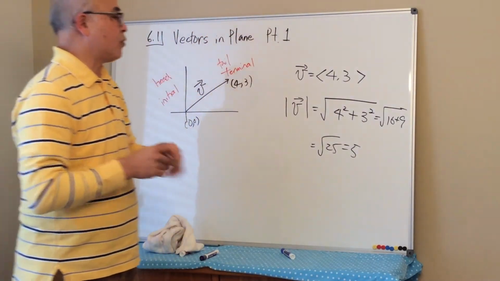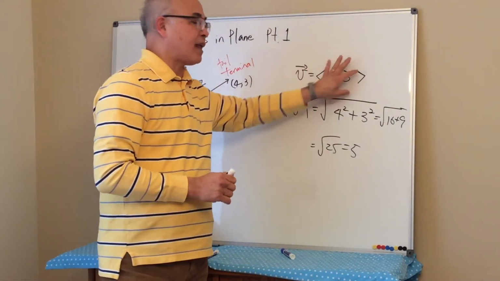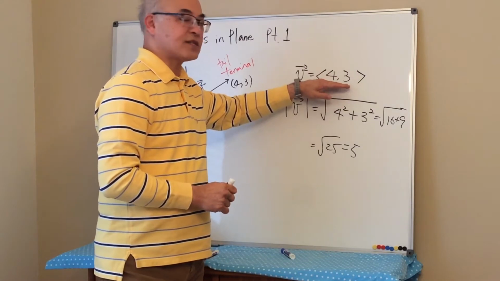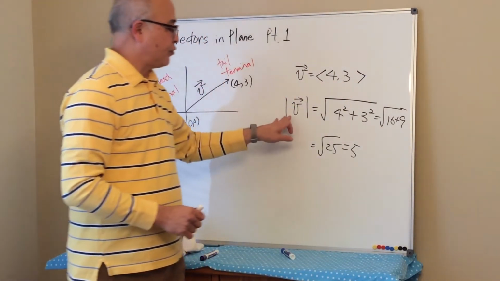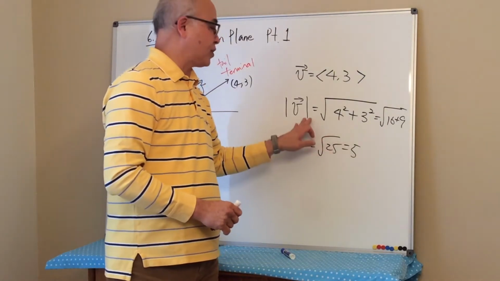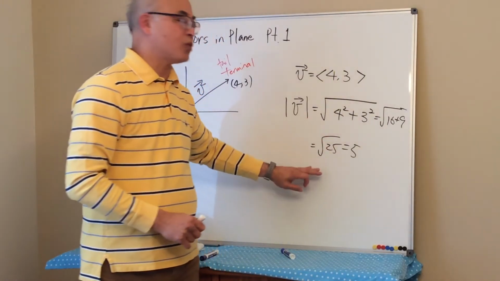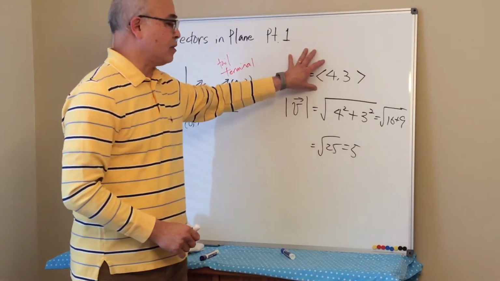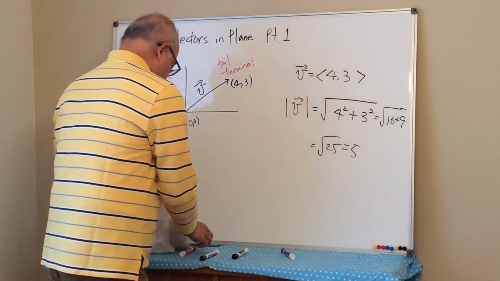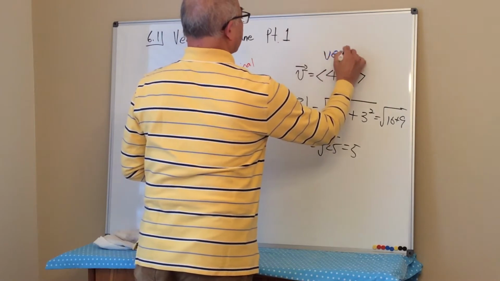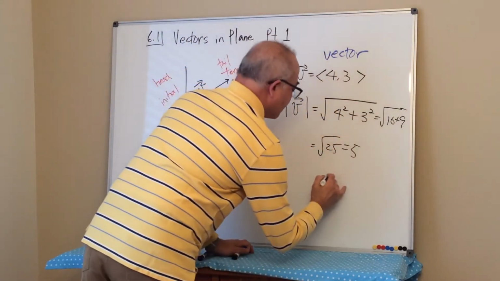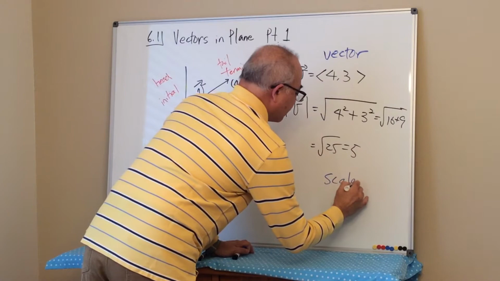Now, as you can see, we went from something that has a direction, going this way, to something that does not have a direction. Something that does not have a direction we call a scalar. So this is a vector, and this guy here is a scalar.